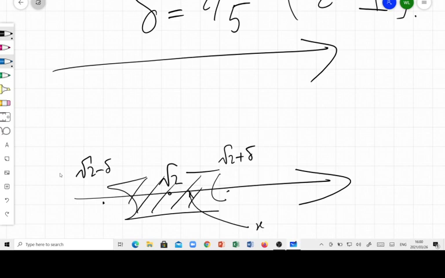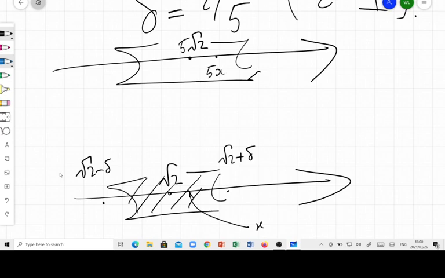Now remember, I magnify everything, so I've got 5 square root of 2, but I am playing difficult by saying I want the 5x's, which are my 5x's, to be within a certain epsilon. I set the challenge, so it's 5 square root of 2 plus epsilon, 5 square root of 2 minus epsilon.